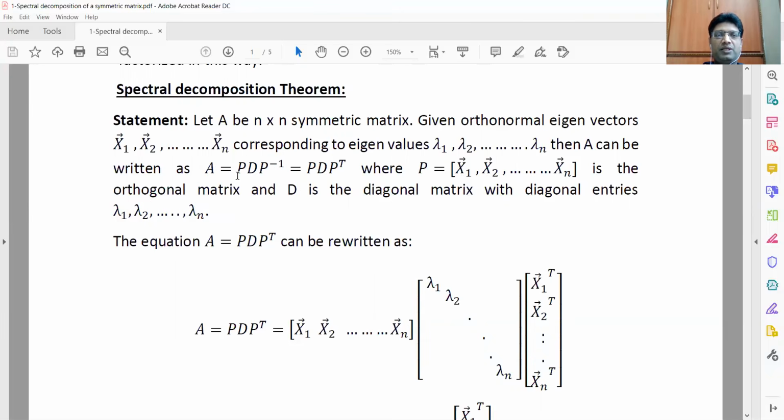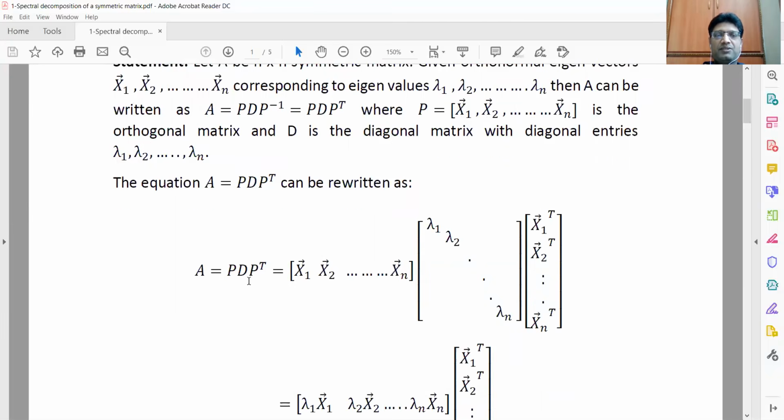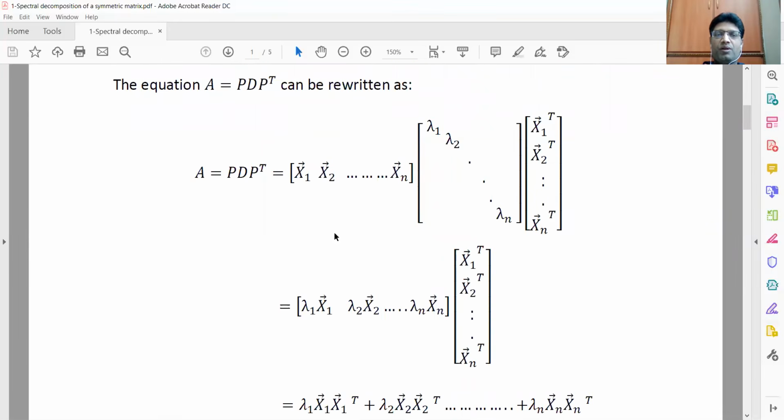Now this equation A equals PDP transpose becomes like this. P is this one. D is the diagonal matrix whose principal diagonal entries are the eigenvalues, and for P transpose you take the transpose of this. If you multiply this, in the first phase you will get x1 bar into lambda 1, x2 bar into lambda 2 and so on xn bar into lambda n.